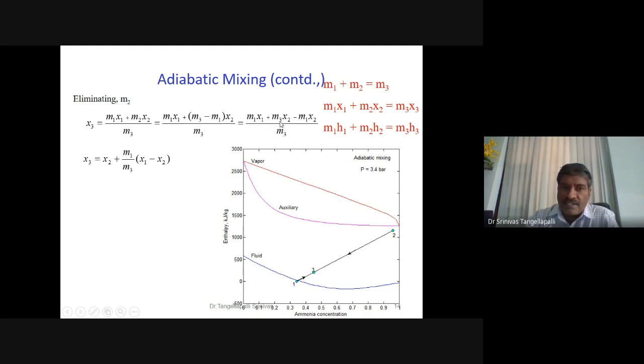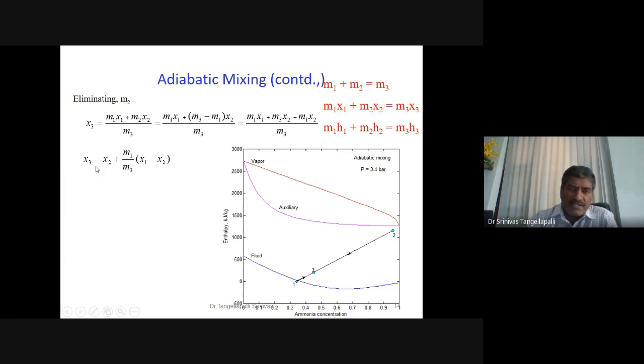M1 X1, M3 X2. Yes, see here the X2 term: M3 gets cancelled, so the left out is X2. And for the X1 and X2 terms, M1 you can take out. If you take out M1, X1 minus X2 divided by M3.